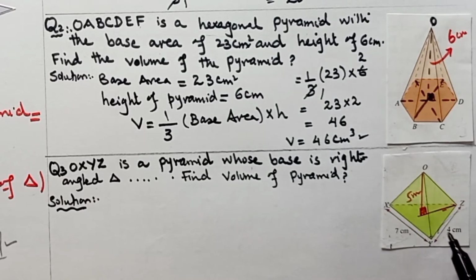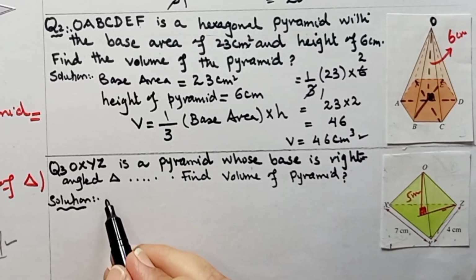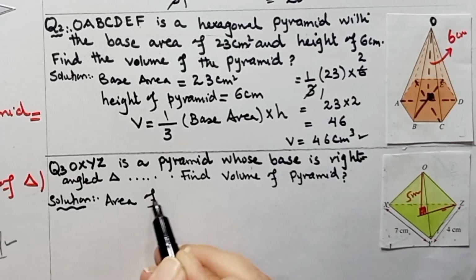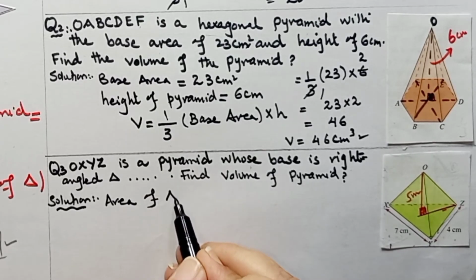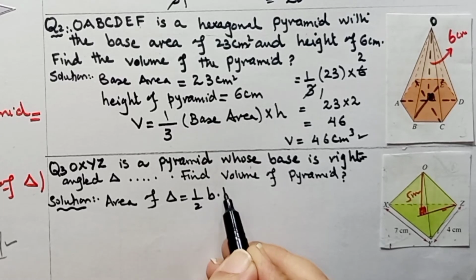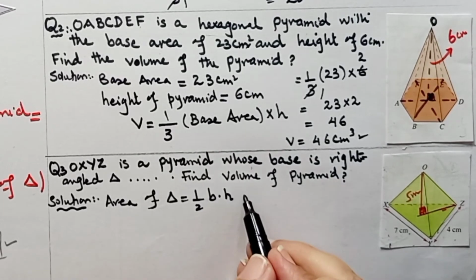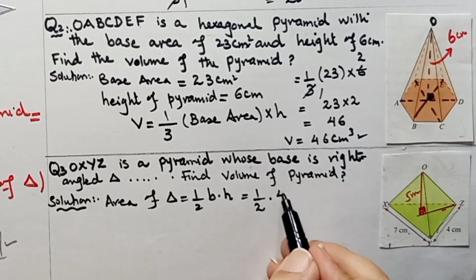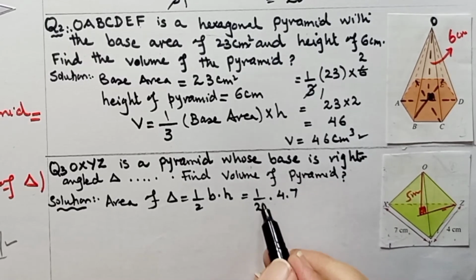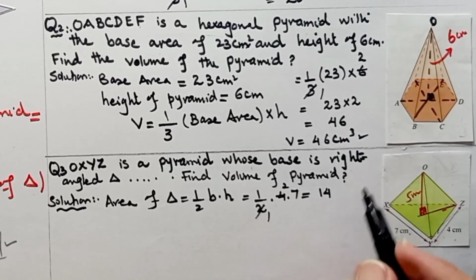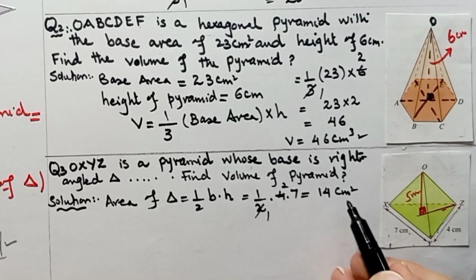The base of this pyramid is a right triangle. So the formula for the area of a right triangle equals half base multiplied by height, and that can be taken as half, base 4 and height 7. 2 ones are 2 and 2 twos are 4, and the base area is 14 centimeter square.